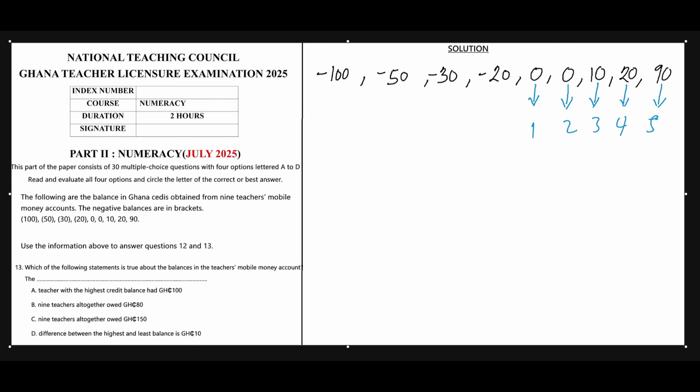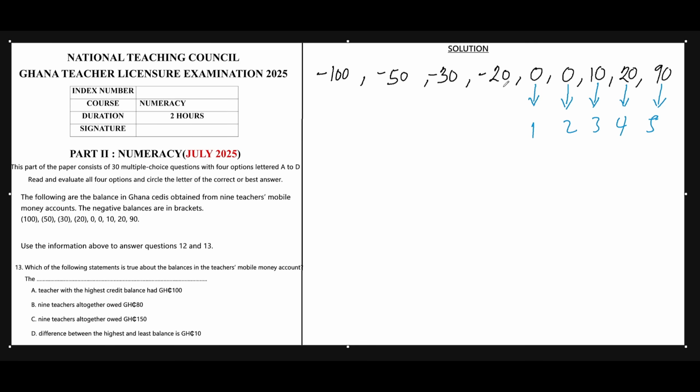Question 13. Which of the following statements is true about the balances in the teacher's mobile money account? So let's evaluate each of the 4 options and select the right one. A. Teacher with the highest credit balance had 100 Ghana cedis. Let's see whether it is true. So you could see that negative represents debt and then positive represents credit.